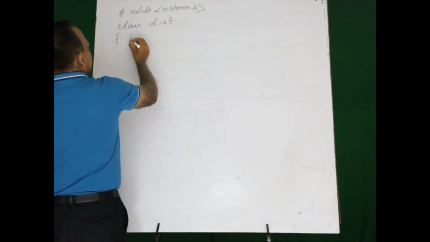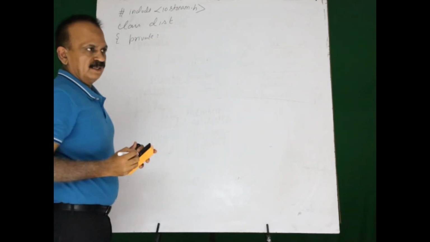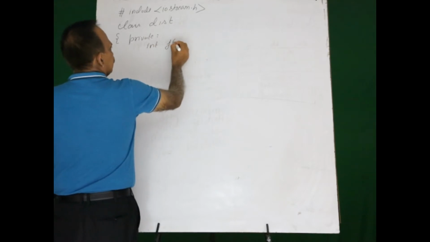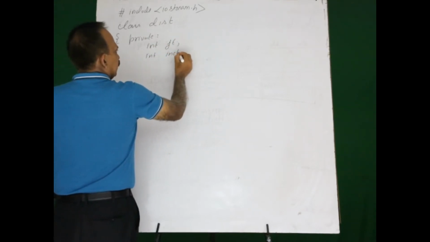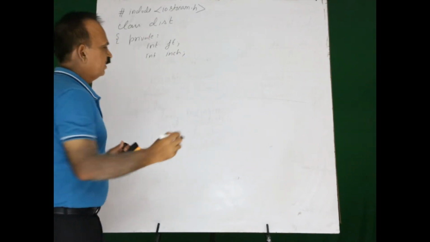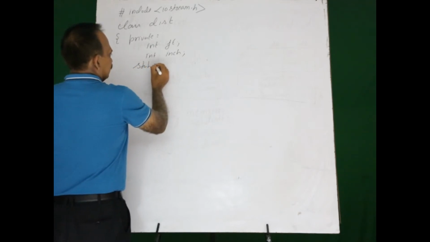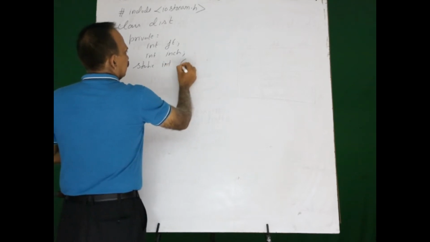Under the private members of the class, I use integer feet, integer inch, the two instance variables, and another one is static, and that is integer count.